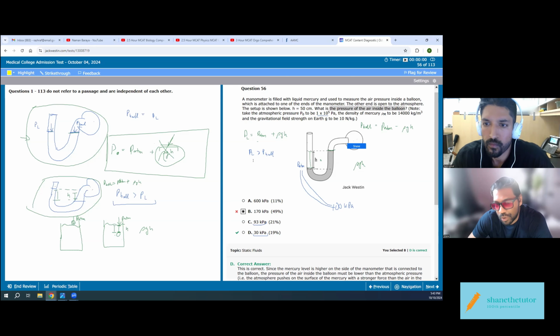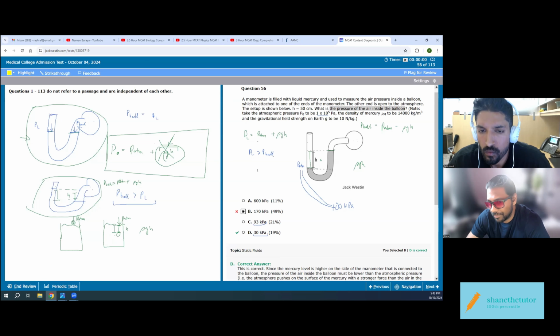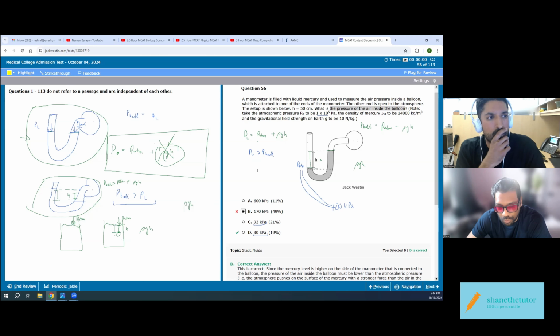So it's like this. We know that the pressure on the left is greater than the pressure on the right, but the question is by how much is it greater? And it's greater by rho GH, that much. So rho, they're telling us, is 14,000 kilograms per cubic meter.